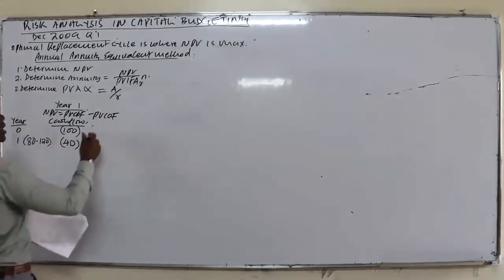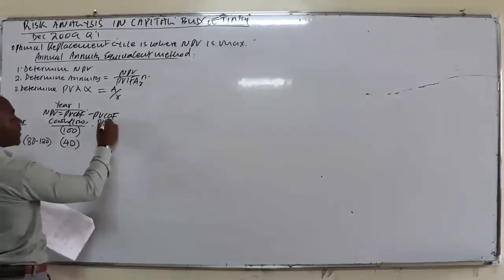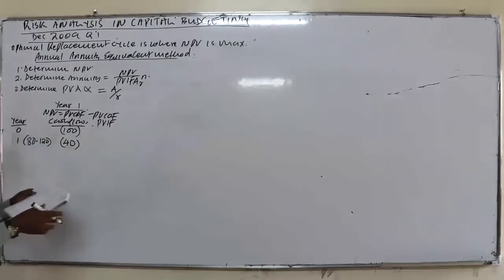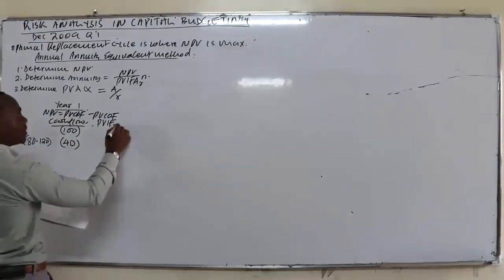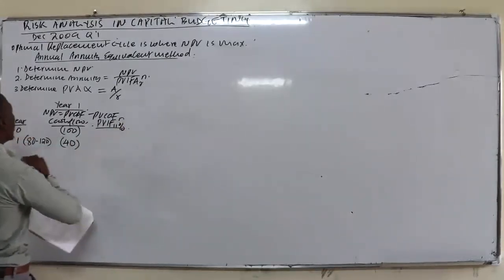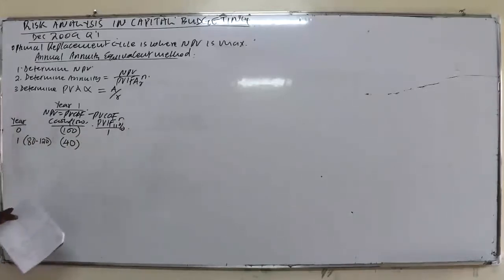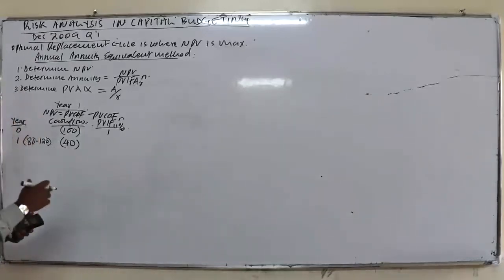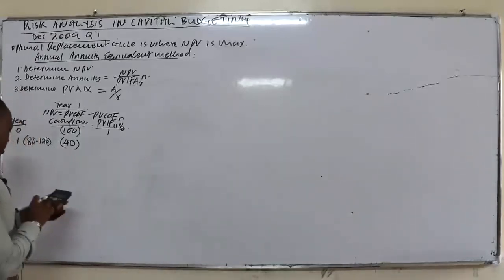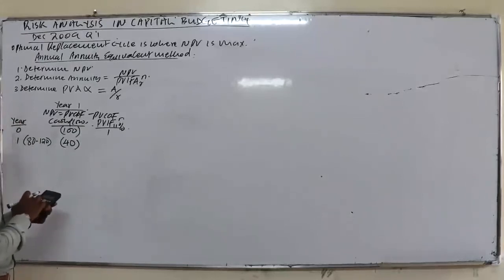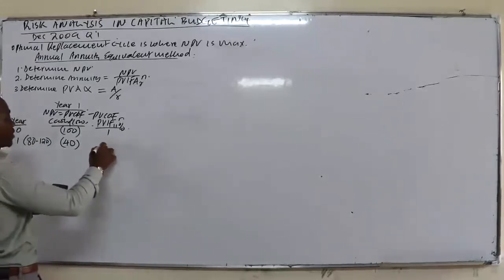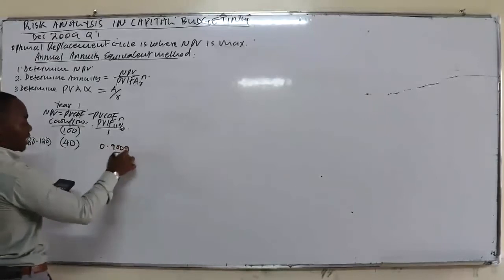Then we discount them using the present value interest factor. The cost of capital is 11%, year N. In year 0, the present value factor is always 1 because it's already at its present value. 11% is not in the table, so use the formula 1 plus R raised to the power negative N. So it's 1.11 raised to the power negative 1, and here you'll have 0.9009.